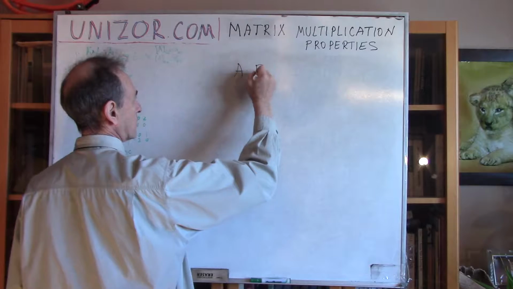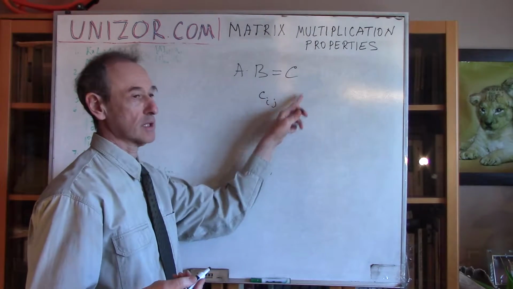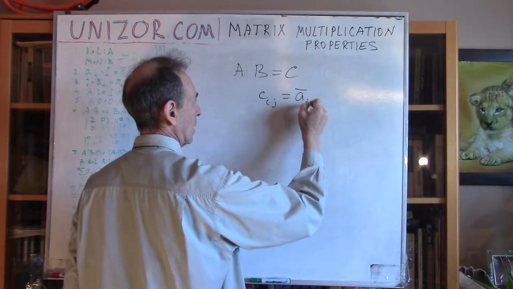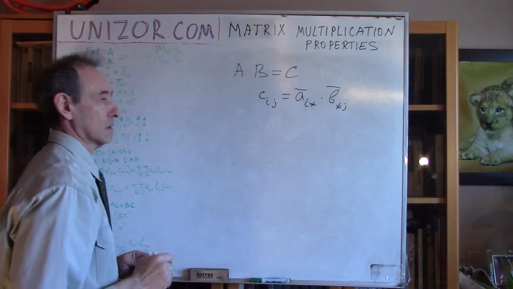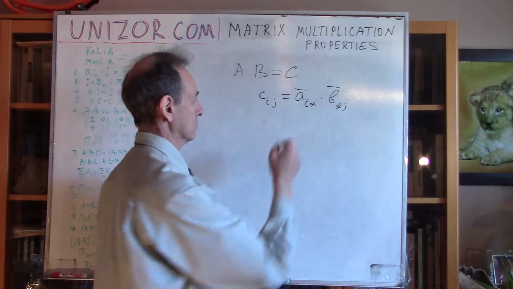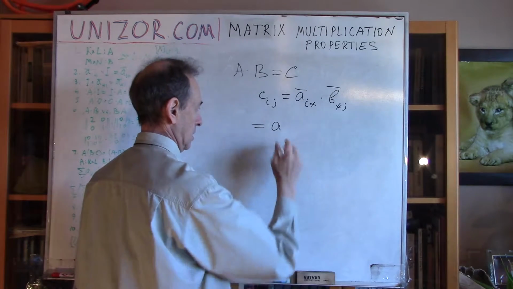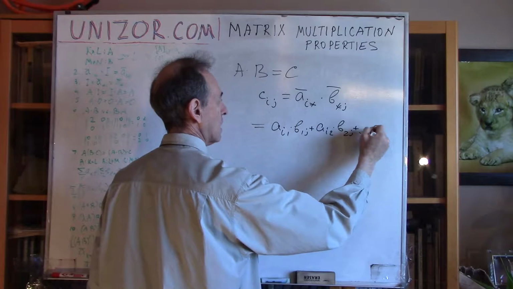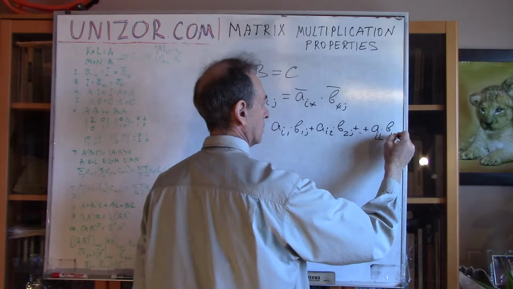If you have a matrix A times matrix B, and this is matrix C, then Cij, which means the element in the product of two matrices, which is in the i's row and j's column, is a scalar product of row vector i in the matrix A and column vector j in the matrix B. So this is basically the definition, and this scalar product means Ai1 times B1j plus Ai2 times B2j plus etc. plus A, whatever the last index is, L, let's say iL times BLj.